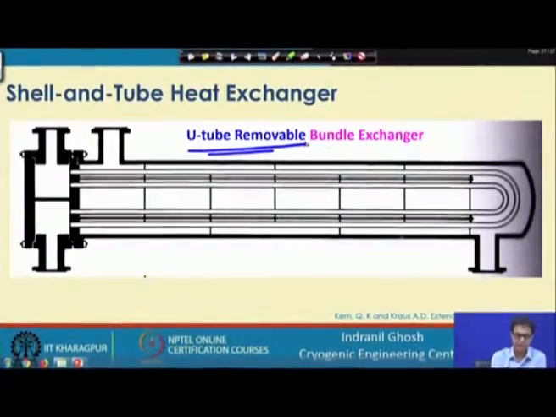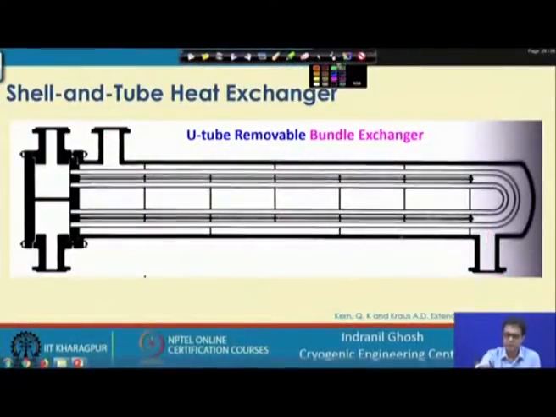Then we have another common type, which is what we call the U tube removable bundle. This is one of the simplest geometries that is possible. Here the shell side fluid, as usual you can see that depending on the baffles, this fluid will be entering here and it will come out from this end. Now, about the tube side fluid, it is simple.